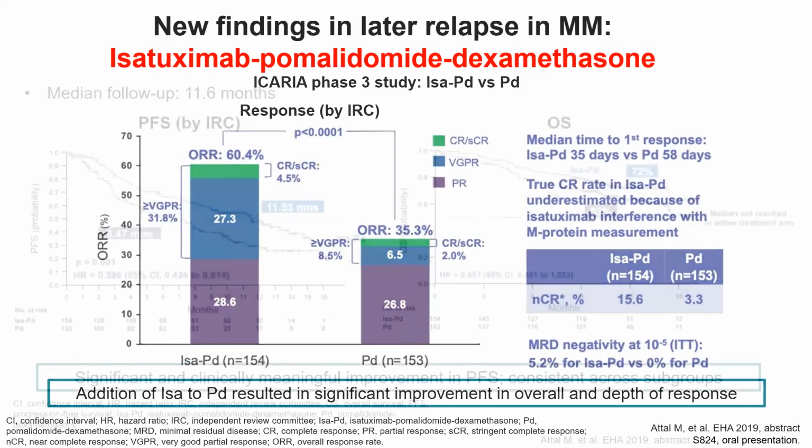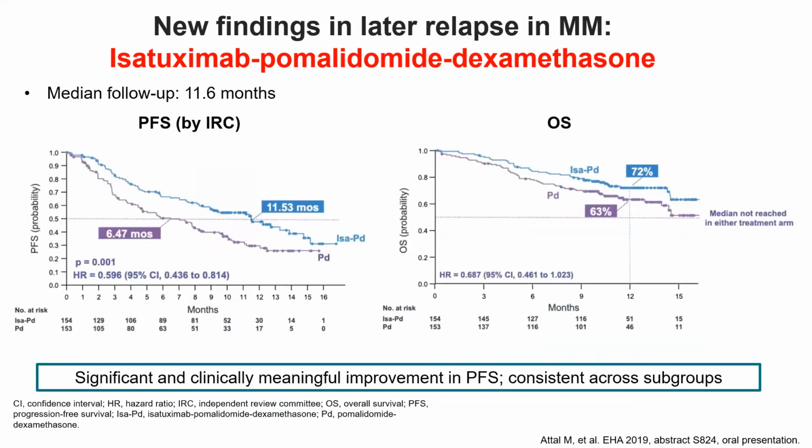Next. So again, more elaboration on the Isatuximab-Pomalidomide-Dexa: the median follow-up is 11.6 months, but it is still showing progression-free survival improvement with 11.5 months compared to 6.4 months and a highly significant p-value.